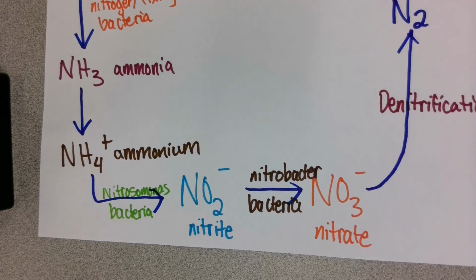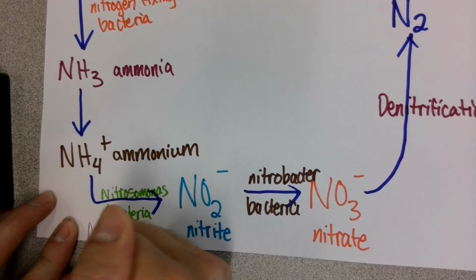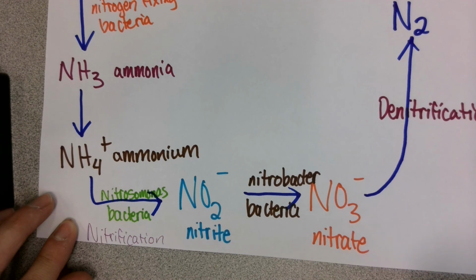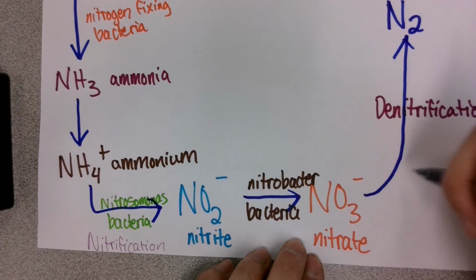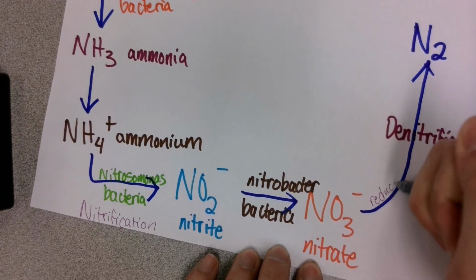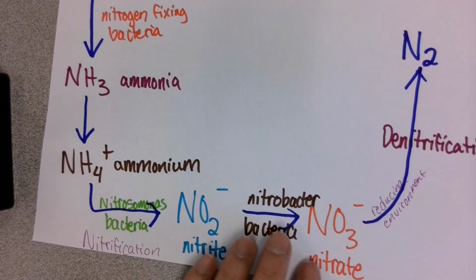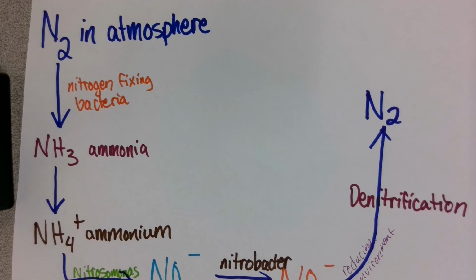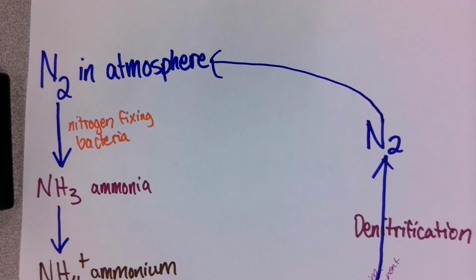So nitrification goes from ammonium to nitrite to nitrate. If this is in a reducing environment, then we're going to have denitrification occurring. And then the N2 that we just created will go back through this whole process and circle back over to here, where it can start the entire process all over. Hence the reason why it's a cycle.